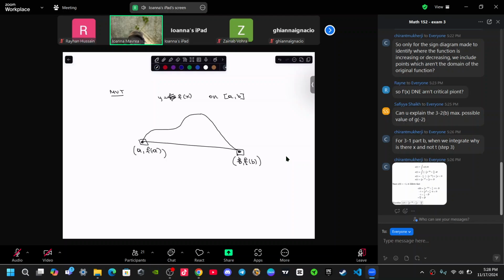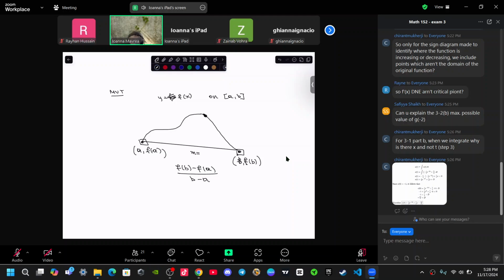and connect them, that line will have a slope. The slope will be f of B minus f of A over B minus A. The theorem says if the function is nice and smooth, like this is, there are no corners except at the ends, and continuous, then there will be a point on the graph of the function, and it looks like maybe it's around here, maybe.